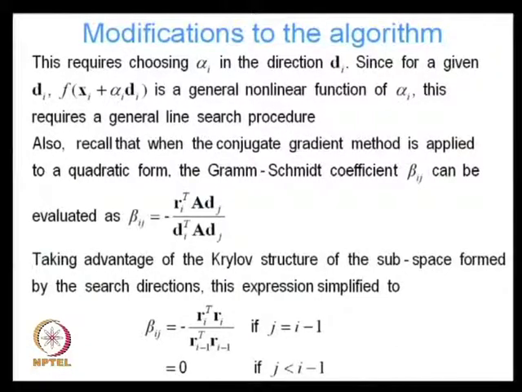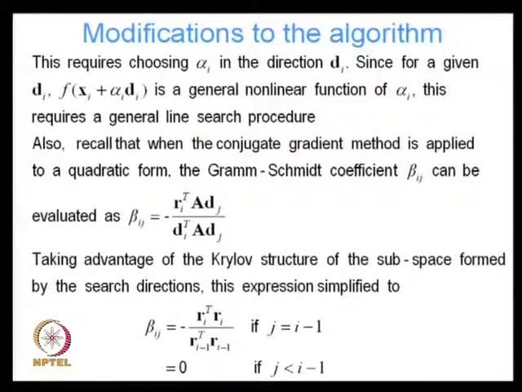Also recall that when the conjugate gradient method is applied to a quadratic form, so that was the second change that we need to make, right. First of all, the residual has to be calculated differently, the step size has to be calculated differently. Thirdly, the Gram-Schmidt coefficients are different. Why?